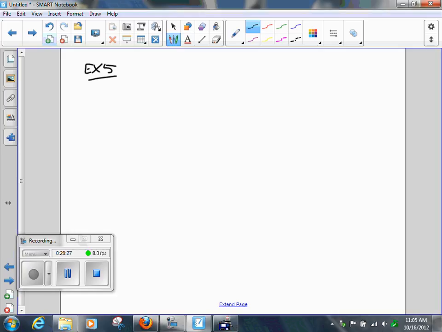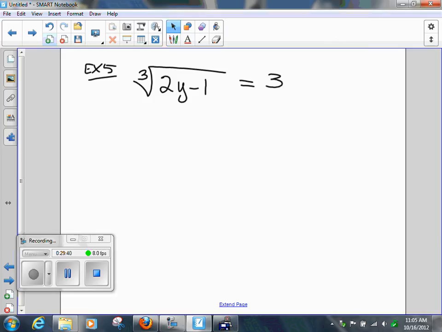How about this one? Cube root of 2y minus 1 equals 3. How do you solve that one? You don't need me to tell you what to do. Be very careful. Why are we cubing this one? Because it's a cube root.